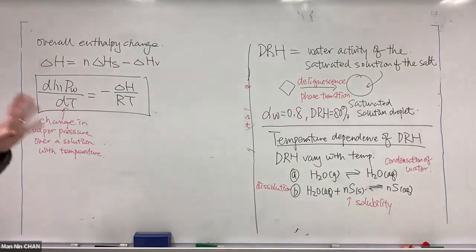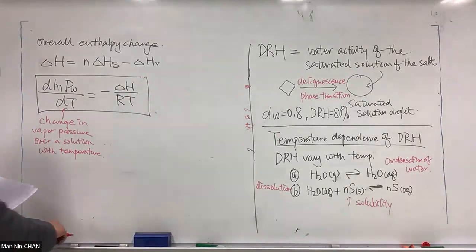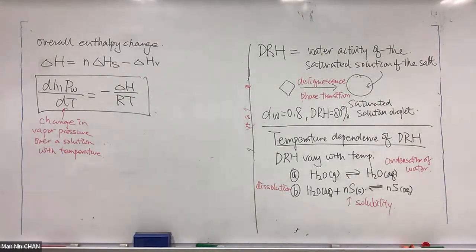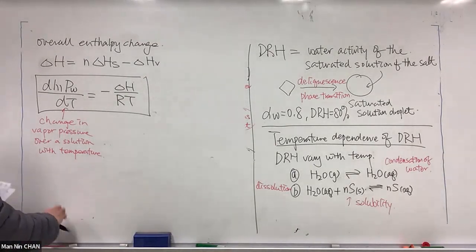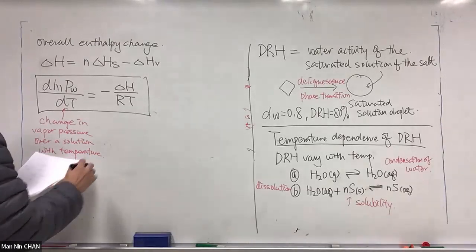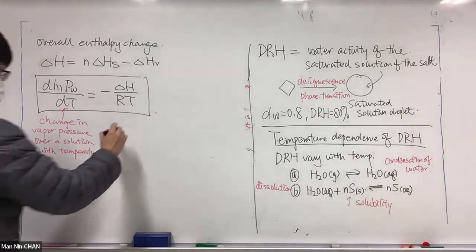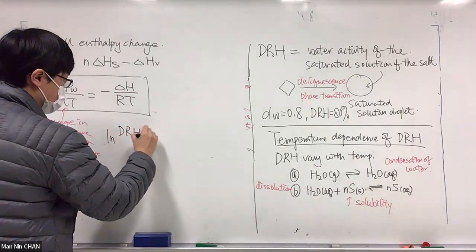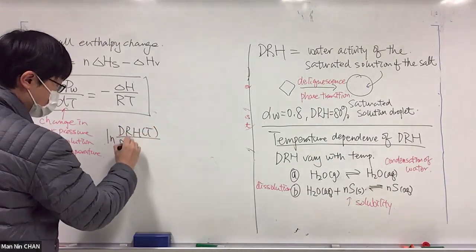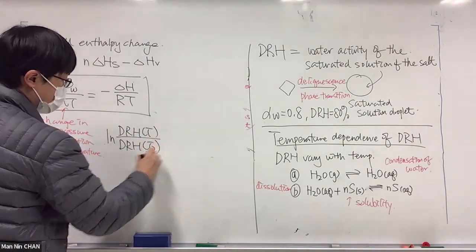It is related to the overall enthalpy change, divided by RT here. Most of the time we skip the details. We just want to show you the delta% point. If you have a delta% average, you want to know it at a given temperature, so you can compare to the delta% average at a reference temperature.